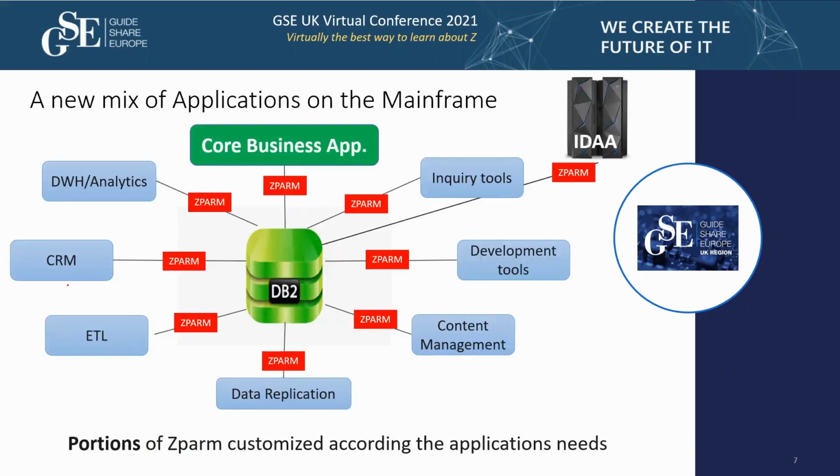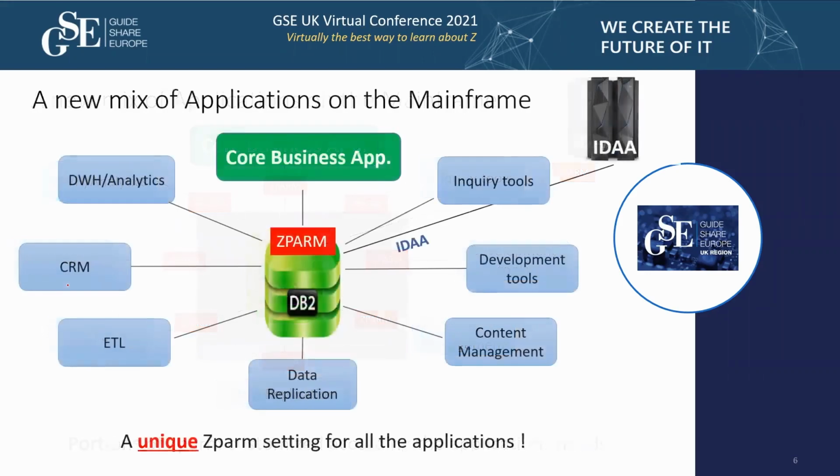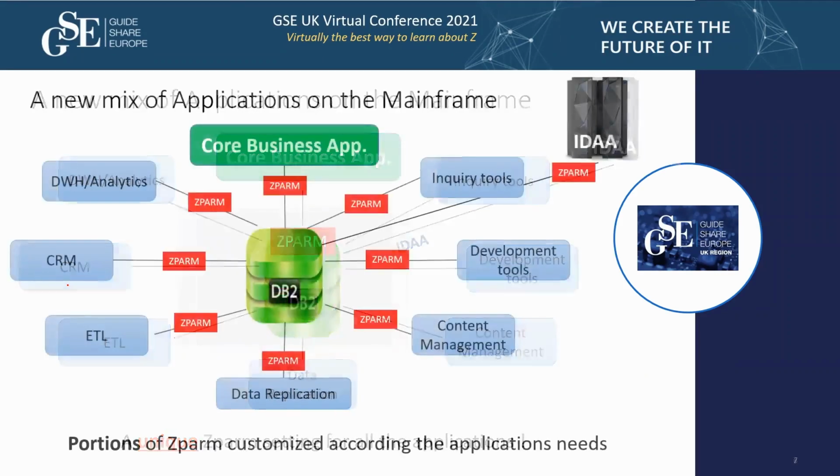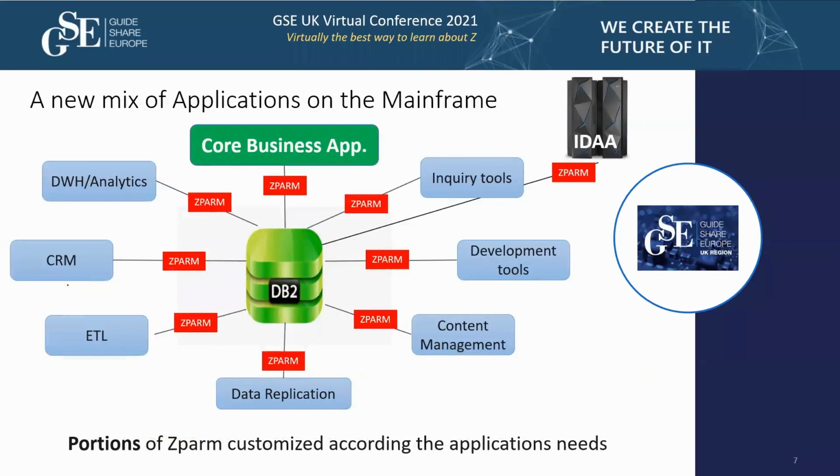So from a monolithic logic, we can move to a more distributed logic. We can customize a portion of ZPARM, and we can set applications according to their different needs. And at the same time, we can guarantee the stability of our service level agreement for our core business applications.